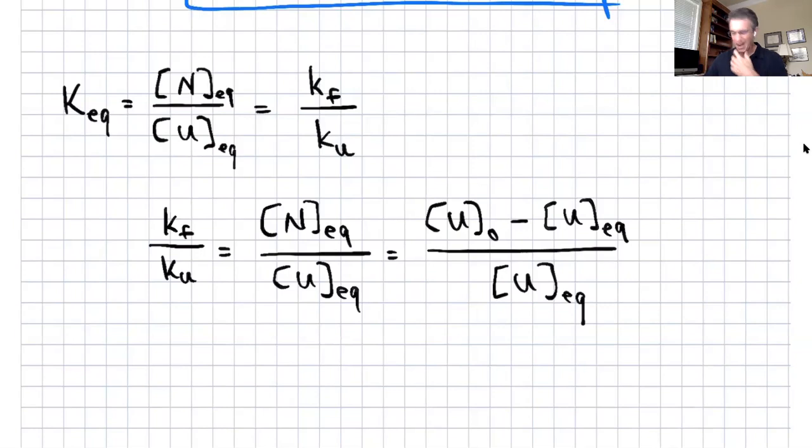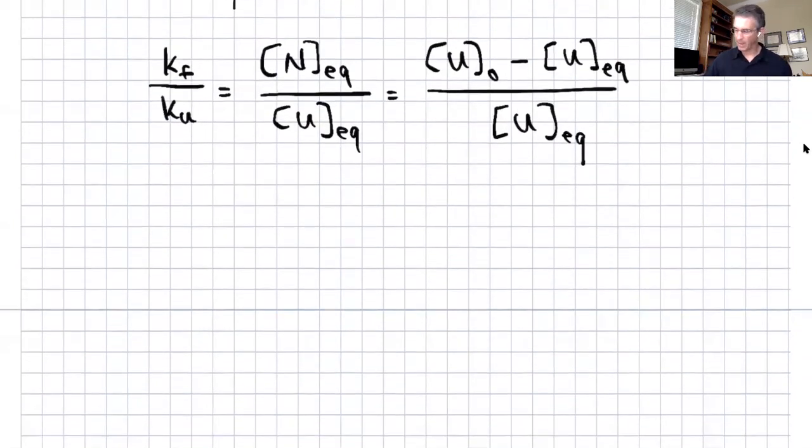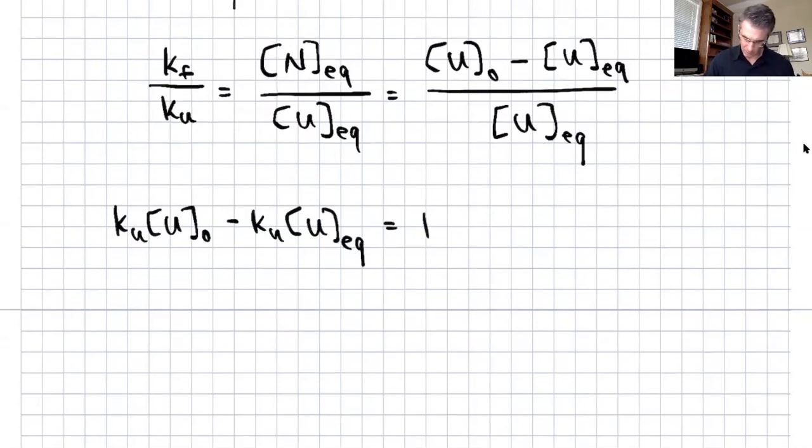That's cool. I can rearrange some terms and just solve that, right? Okay, that means Ku times the concentration of U I start with, minus Ku times the concentration of U at equilibrium, has got to just be equal to Kf times the concentration of U at equilibrium. Okay, keep solving that, grouping some terms.